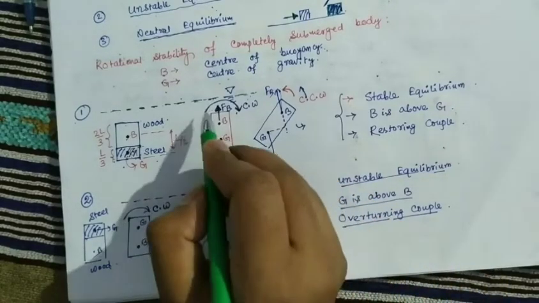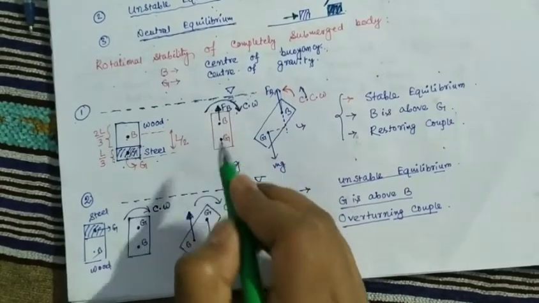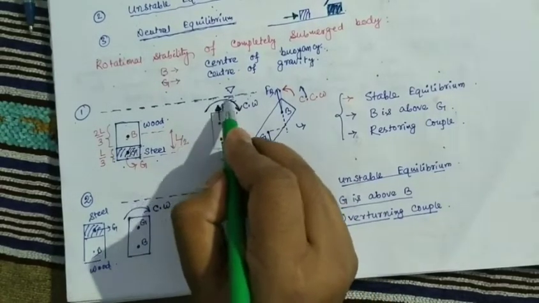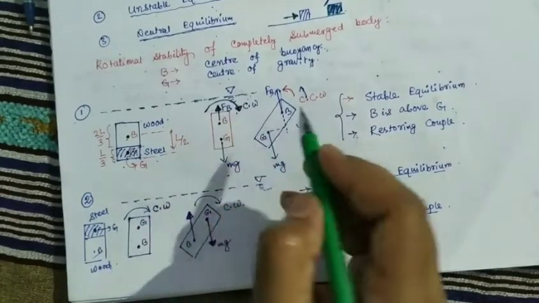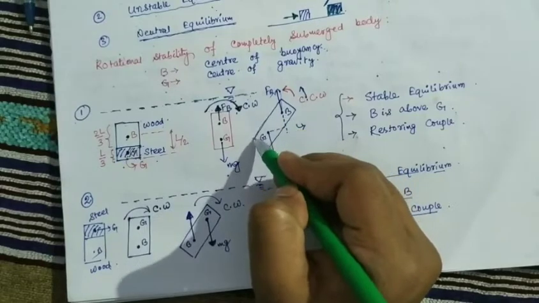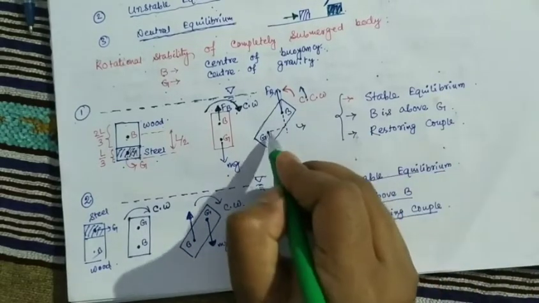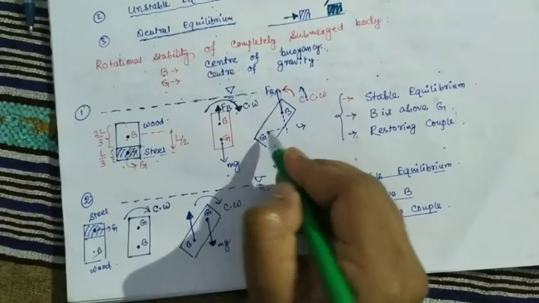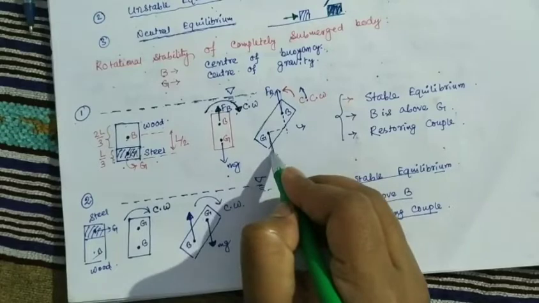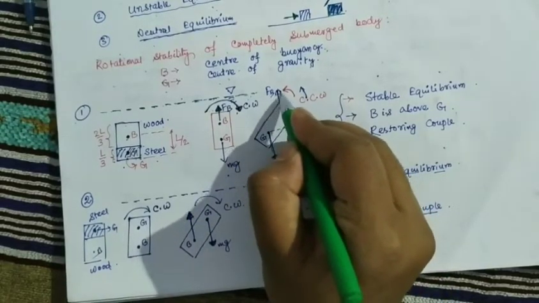Now I am supposed to give a clockwise rotation to this body which is submerged in the fluid. After giving the rotation, the body will be something like this, but the weight of the body will remain the same, vertically downward, and the buoyancy force will be vertically upward.